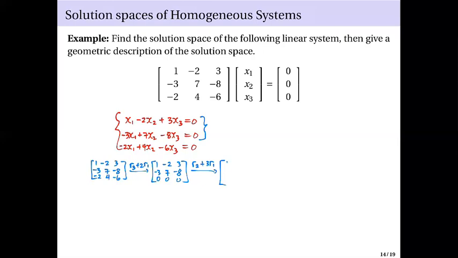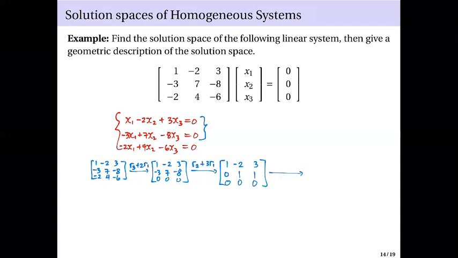R1 is the same: 1, negative 2, 3. So minus 3 plus 3 becomes 0. 7 minus 6, that's nice, that becomes 1. And then minus 8 plus 9, so that's again 1. Then here we have 0, 0, 0.